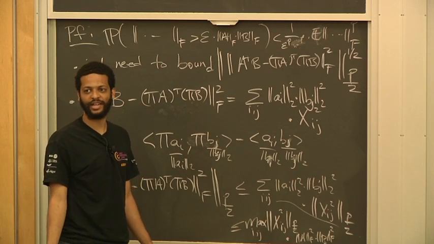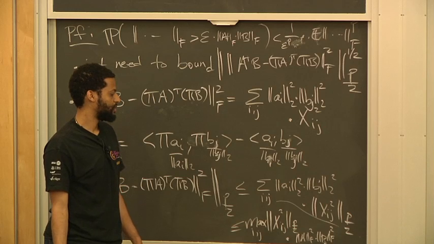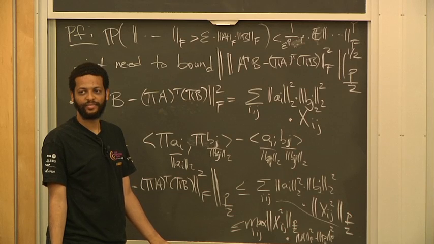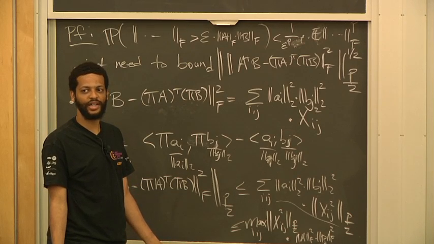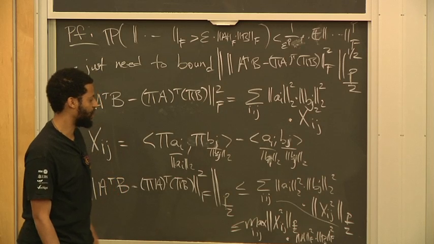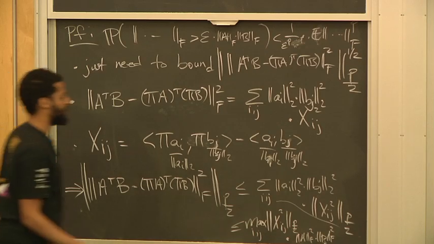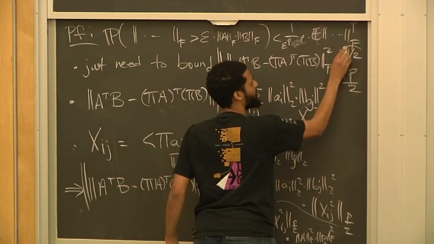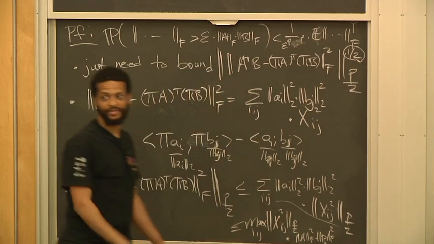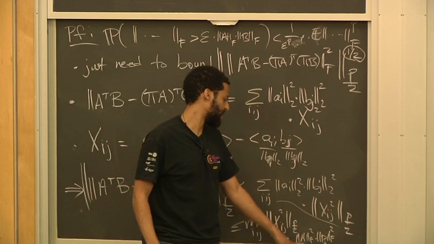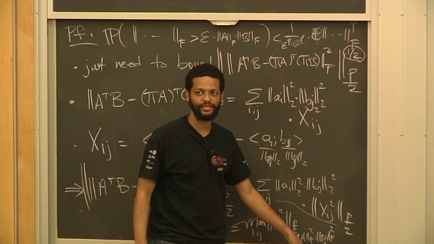It's actually just equality, because it's over all ij. And notice, by the way, I dropped the square root that was out here. So really, when you put that square root back, you get Frobenius of A times Frobenius of B.